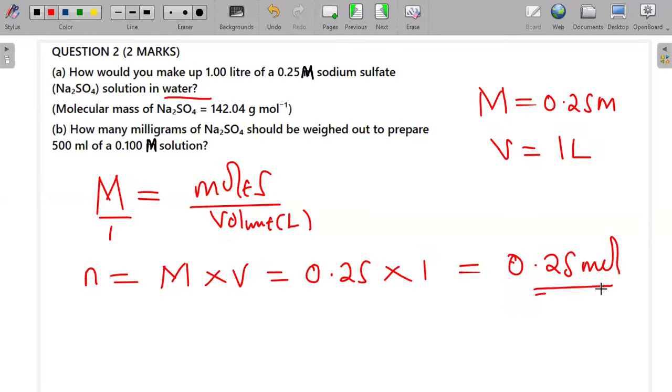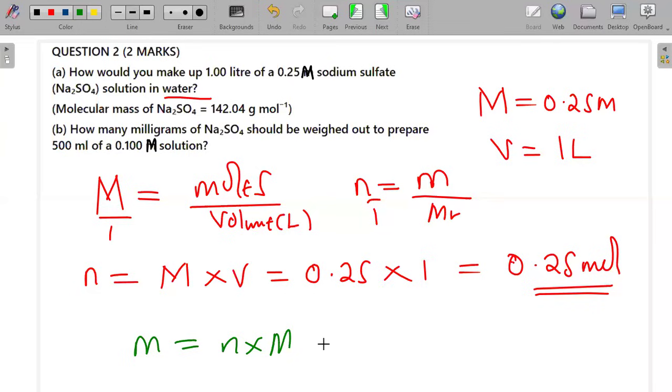So the number of moles is simply 0.25 moles. Now that I have the moles, I can easily find the mass. Remember, moles equals mass over molar mass. I'm finding the mass, so I make it the subject: mass equals n multiplied by the molar mass. The moles are 0.25, multiplied by the molar mass.